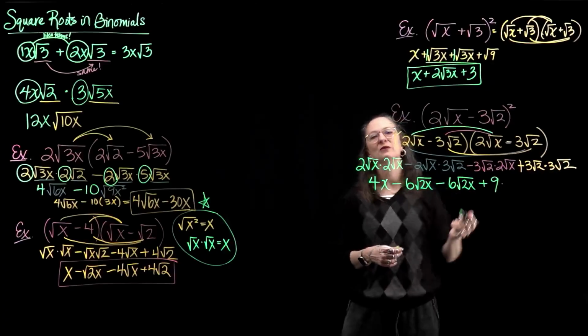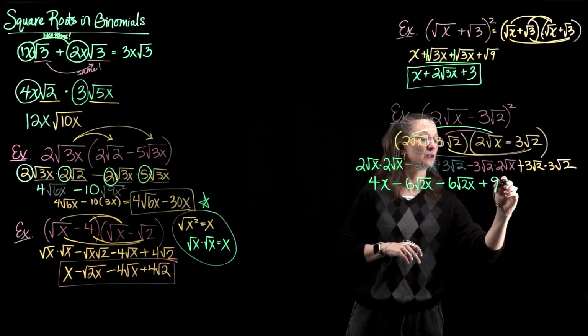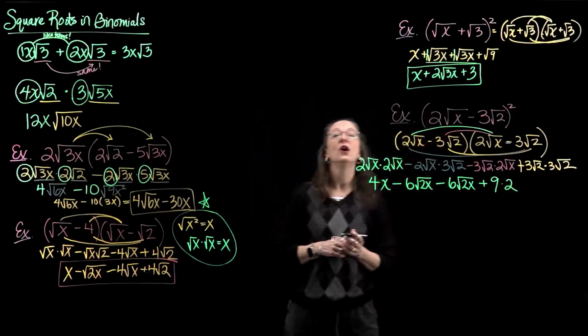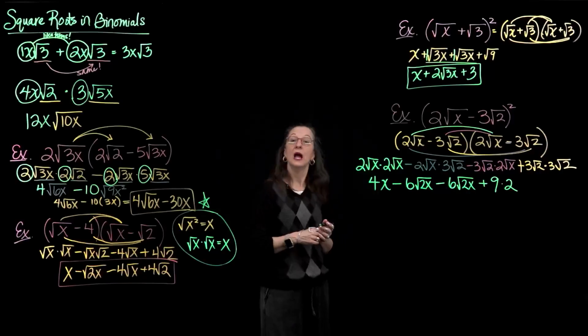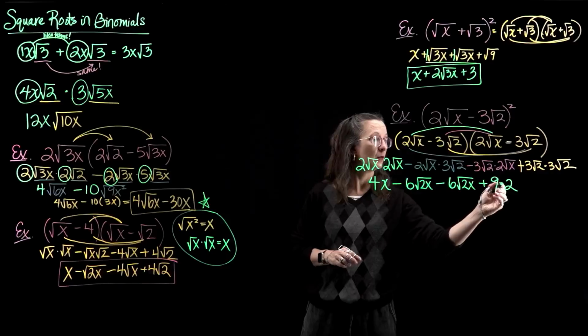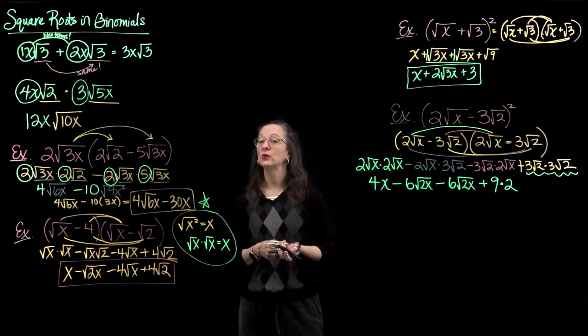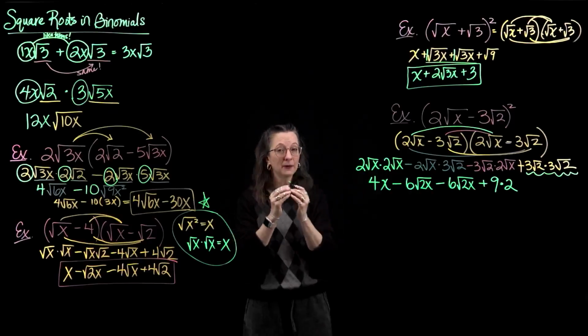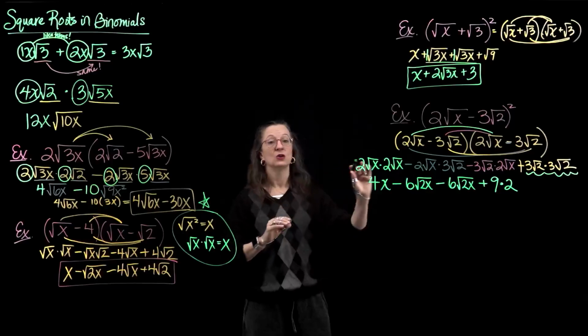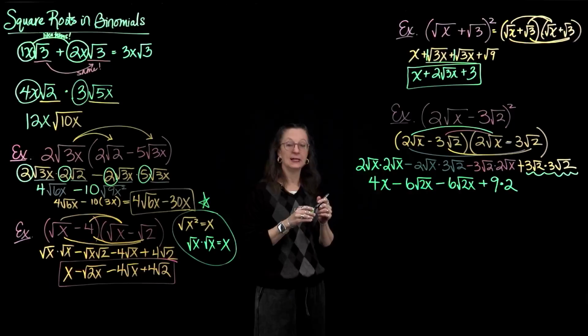Square root of 2 times square root of 2, that's just going to be 2. So you could think of it as square root of 4, or just write down that 2. And remember, it's going to be multiplied by that 9, because all of this on the end, the 3 square root of 2 and the 3 square root of 2, are all multiplied together. So I'm leaving that as 9 times 2 right now. We'll simplify it in the next step.